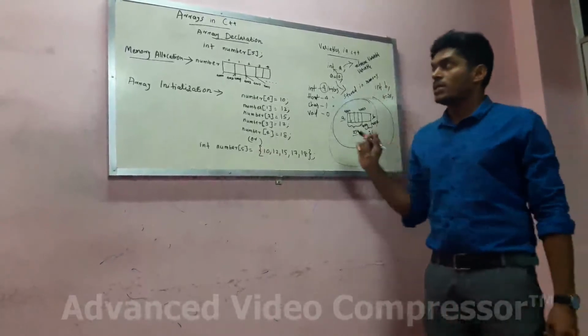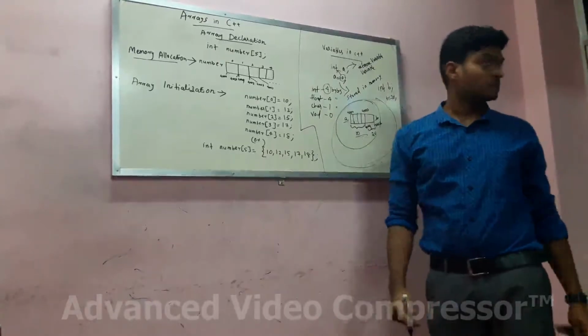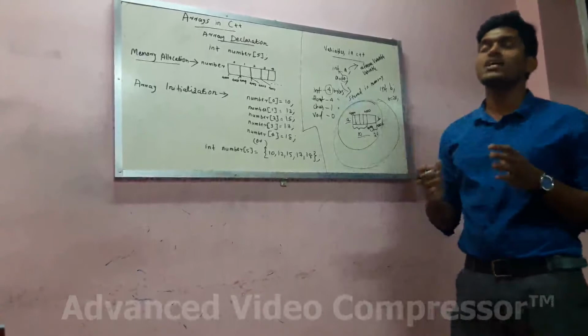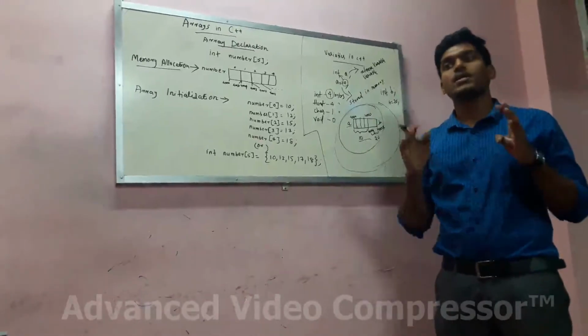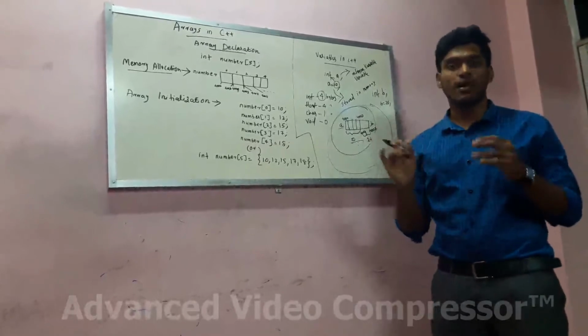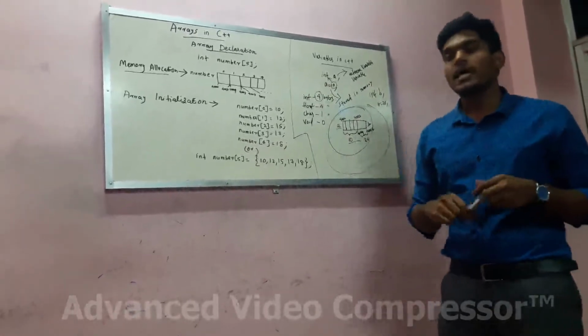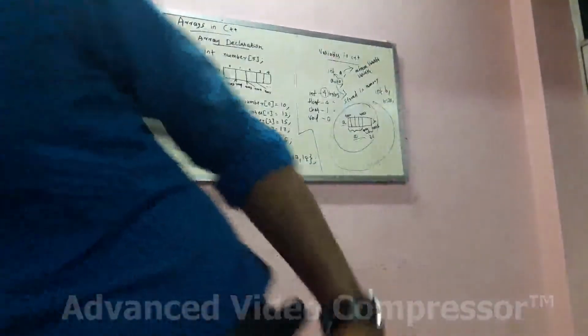Now we are going to have a look at arrays. When we are doing some mathematical operations, if we need multiple values, for example, if I need 10 different integer values, using variables we will declare 10 different variables for storing 10 different data.